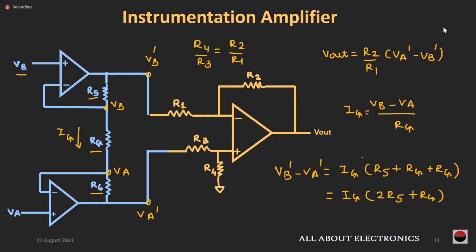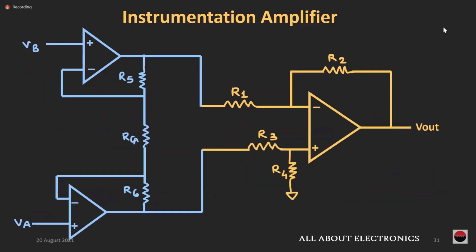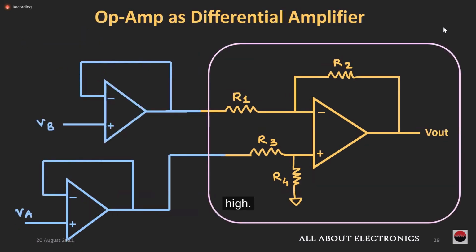And this is the analysis of instrumentation amplifier. VB we are giving as input. So here we are using two amplifiers, both are non-inverting amplifiers, students, because we are using the plus symbol as input for both inputs.